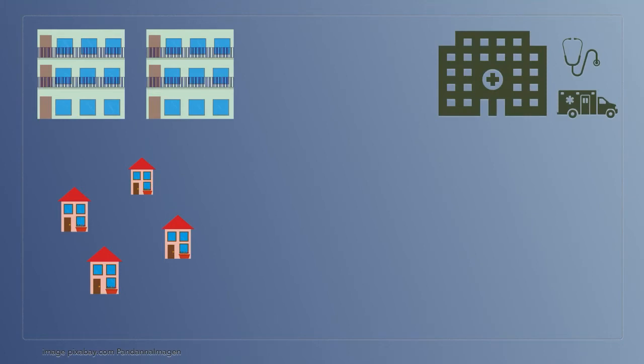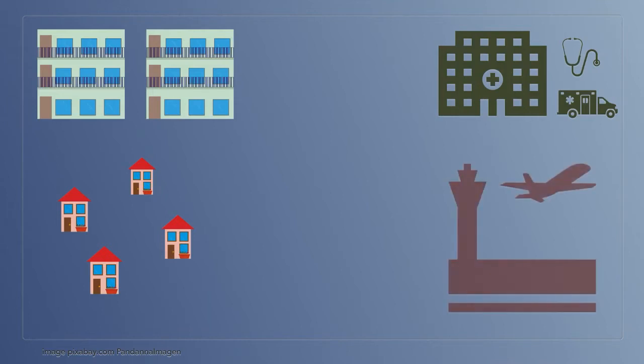The people in the apartments think the town should build a new hospital. The people in the small houses think the town should build a new airport. The problem is these cost a lot of money and there's not enough money for both.